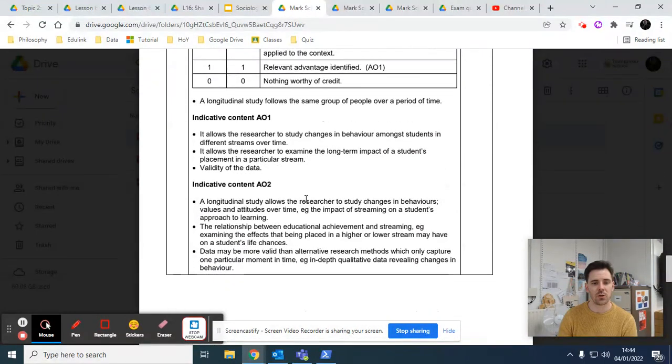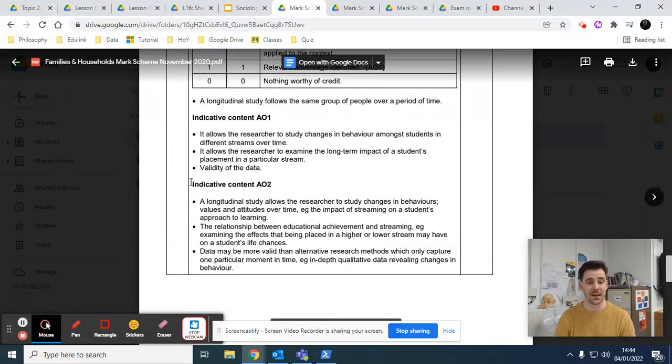So it shows us some indicative content to consider using. It allows the researcher to study changes in behaviour amongst students in different streams over time. So I might be interested to see how bottom stream and top stream students differ. And if I've got the time, over a longer period, I've got valid data, I've got better data, which is also this third point here.